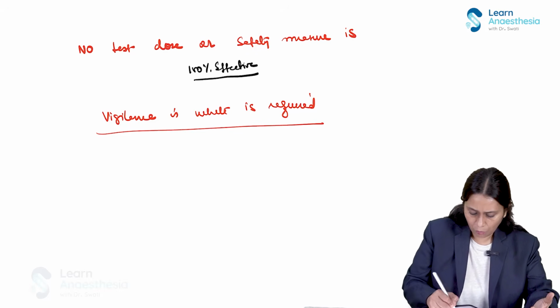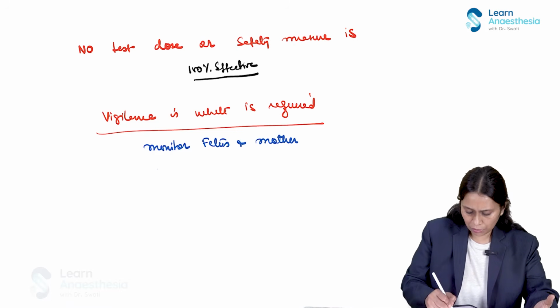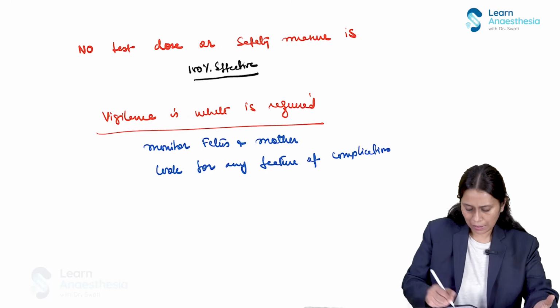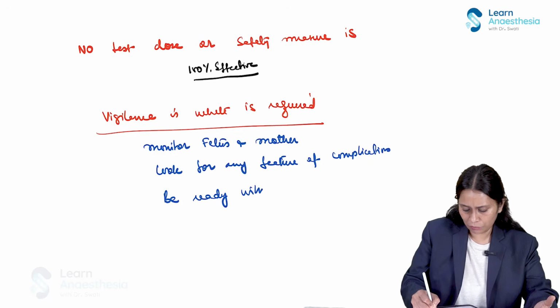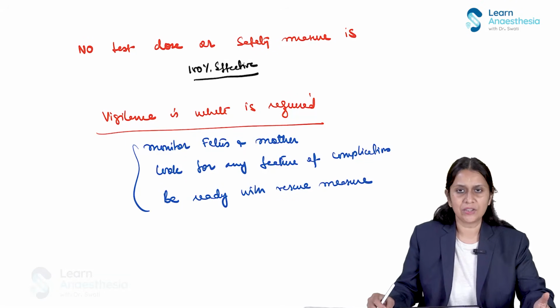We should monitor fetus and mother, right? We should look for any feature of complication. We should be aware what complication can happen, and be ready with rescue measures, right? So this is what is required when you are practicing epidural analgesia.